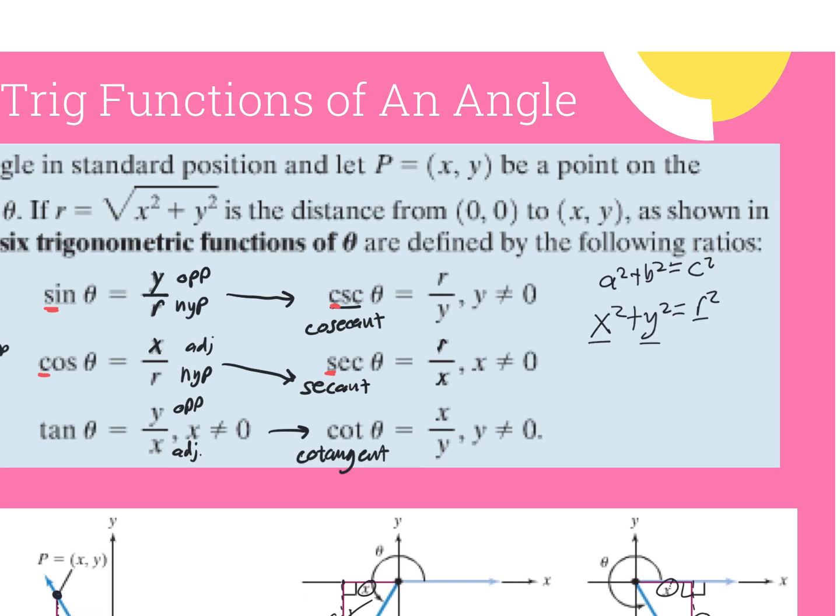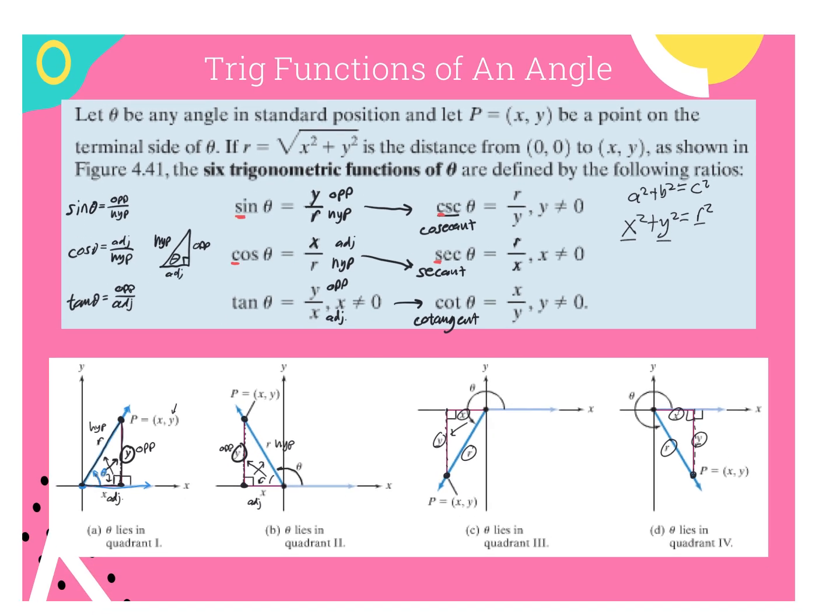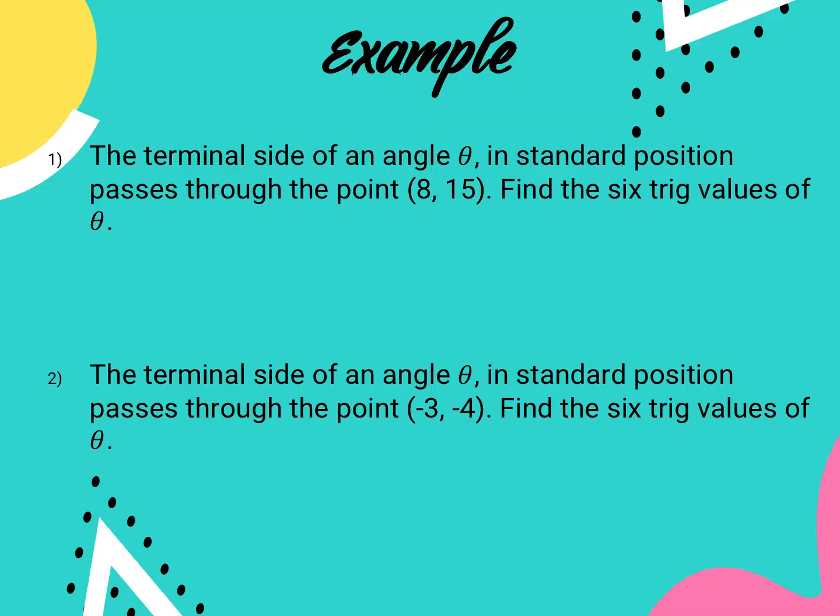So let's put all of this in a problem. I'll show you what a problem might look like in this lesson. I have a terminal side of an angle in standard position that passes through the point (8, 15), and we're asked to find the 6 trig values of theta. When you're first doing this, I would definitely start by sketching a little picture.